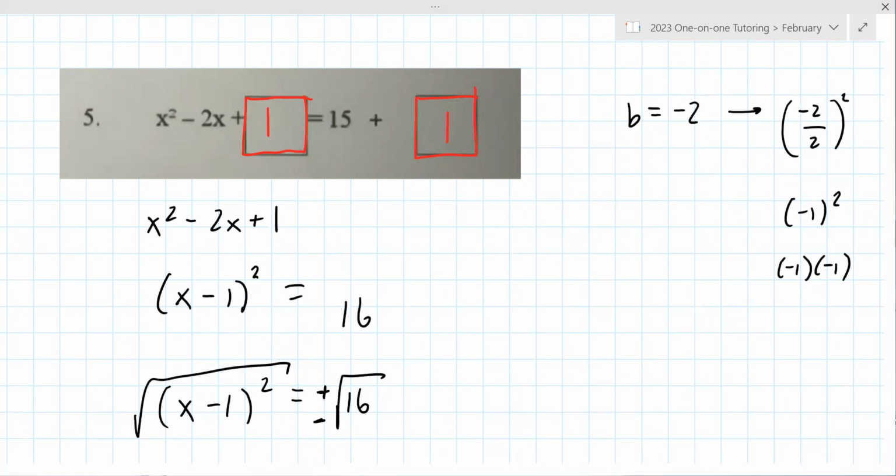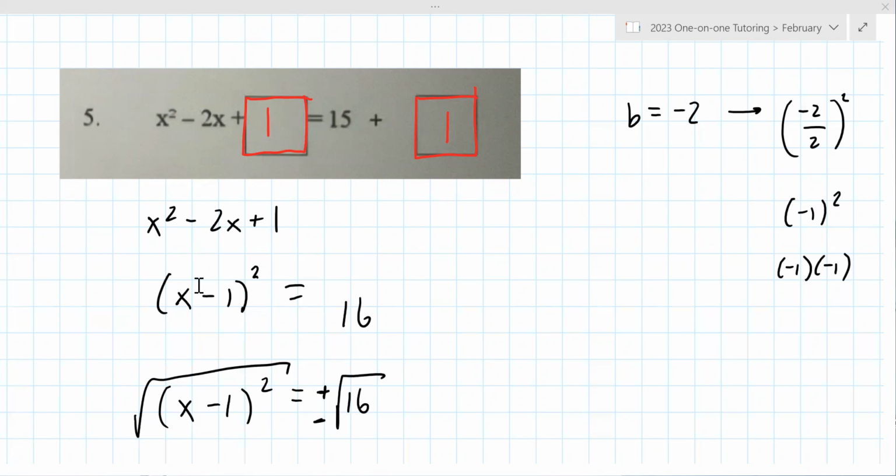Okay, so you find the b value, and then you divide it by 2, and then square it, and whatever the answer is, which is that 1. Good. And then on the left, there is the perfect square trinomial.